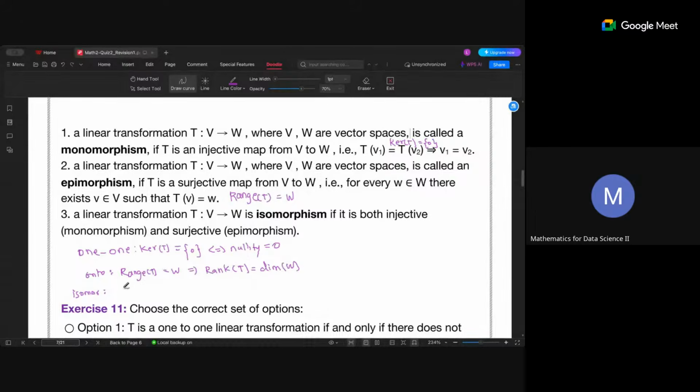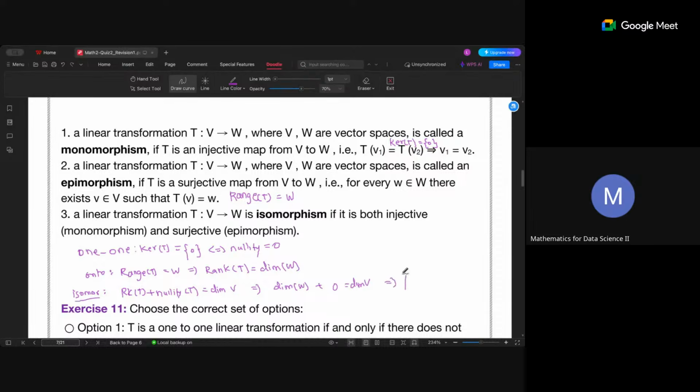So what is your rank nullity theorem saying? Rank of T plus nullity of T equal to dimension of V. Both these are applying here, then you will get dimension of W plus 0 equal to dimension of V. So what is it that you are getting for isomorphism?